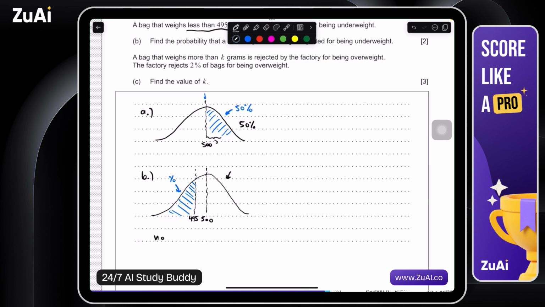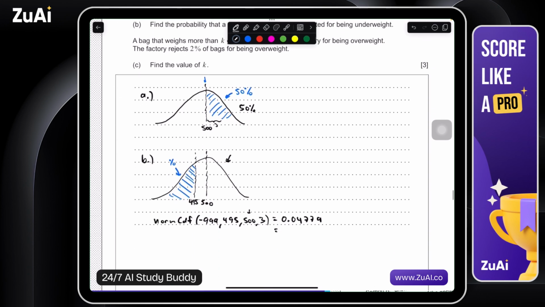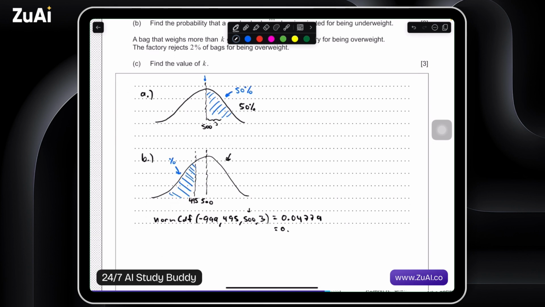You can also write norm CDF, and then we can write -999, 495, lower bound, and then this would be our mean, and this would be our standard deviation. 0.04779, and we want to find out the probability. We can represent this as a decimal or fraction or percent. So to 3 sig fig, 0.0478 if you want. 4.78%, all the same.